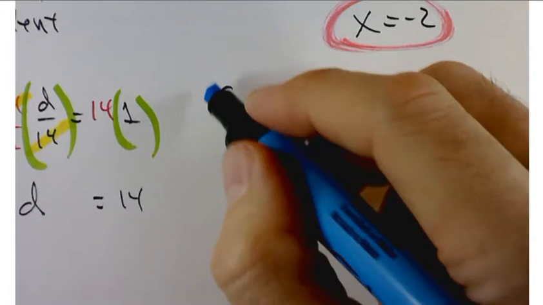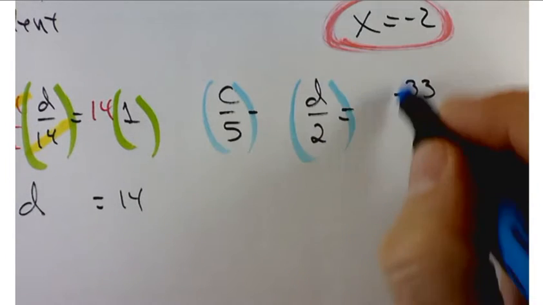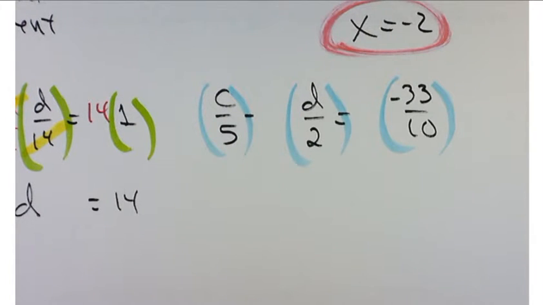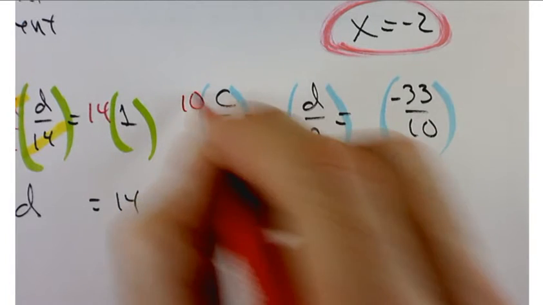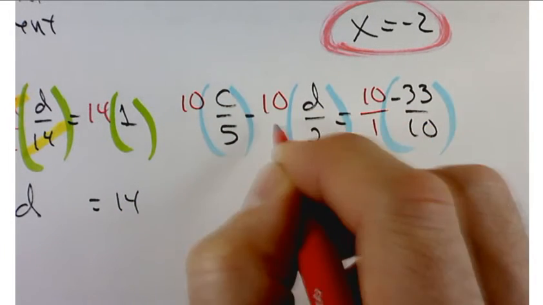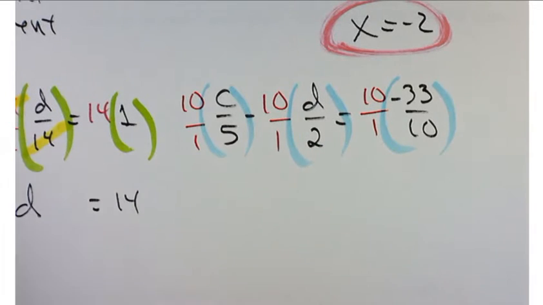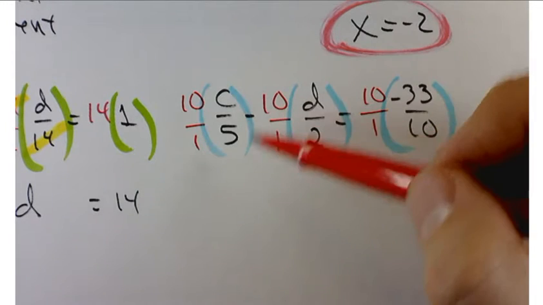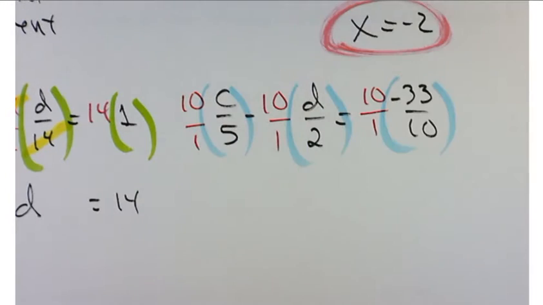All right, so everything's going to get multiplied by 10. And see if you can't do that cancellation for yourself here. So this one by 10, this one by 10, and this one by 10. Now, since these are all fractions, I'll write them as 10 over 1. I'm writing as fractions because I want to encourage you to do that cancellation.